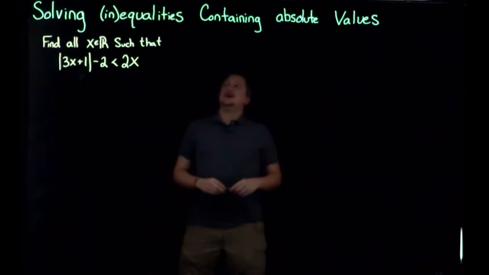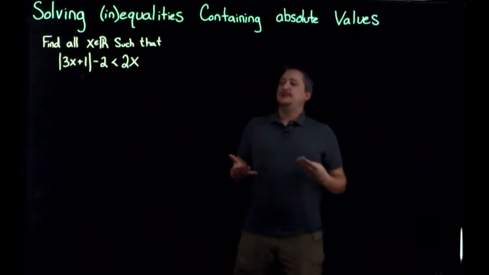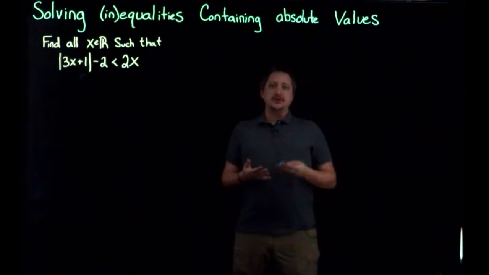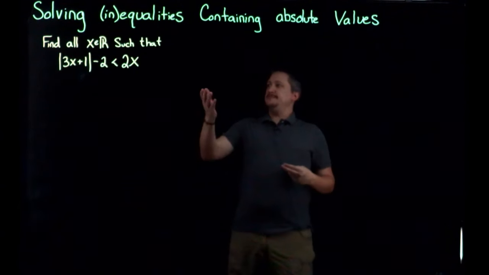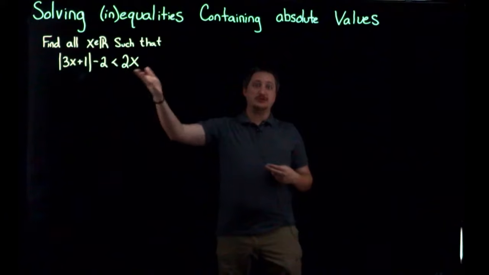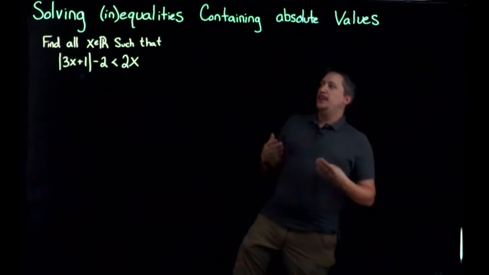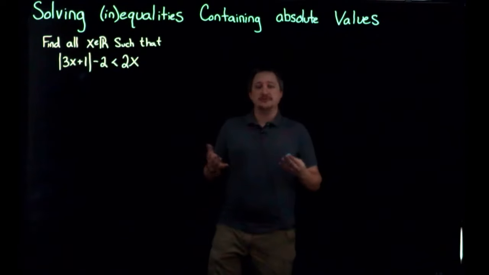All right. So as I've mentioned before, absolute values are great from a geometric perspective. They're very intuitive when you think about them as distances. Unfortunately, if I'm going to answer an analytic question, something with algebra like this, it's very hard to do that generally with some geometric argument.